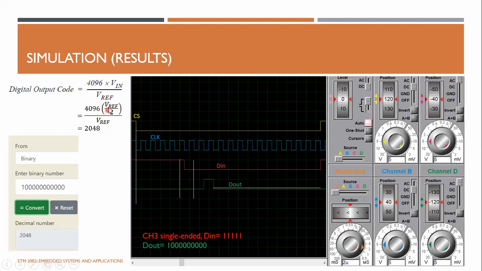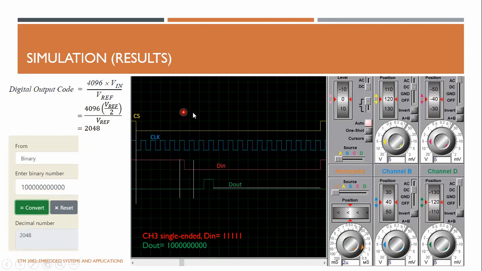Dividing by Vref, it is simply 4096 divided by 2. That should be 2048 in decimal. If you convert to binary, 2048 is 1 followed by 11 zeros.